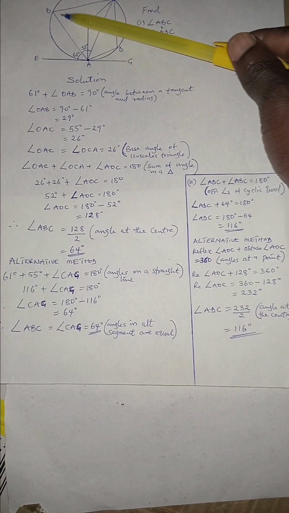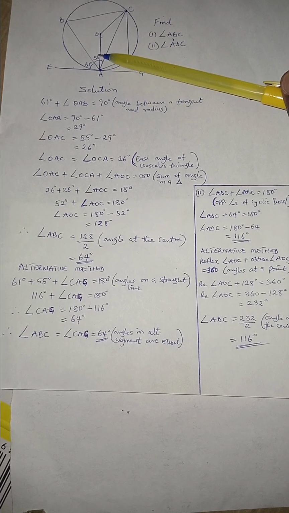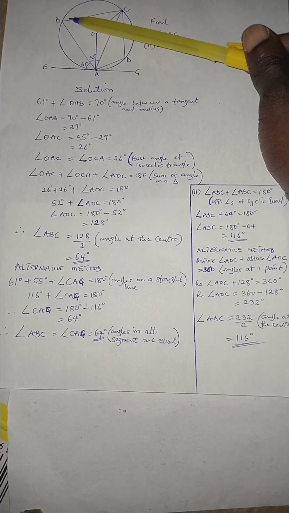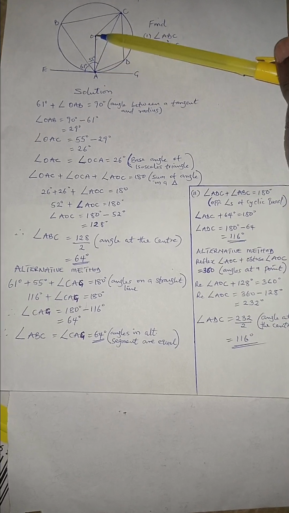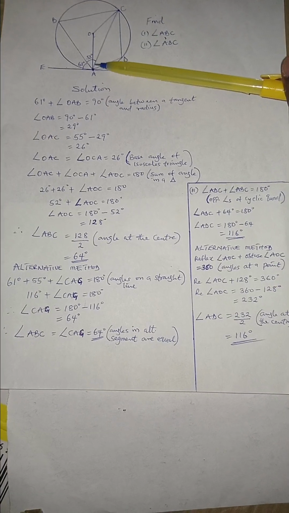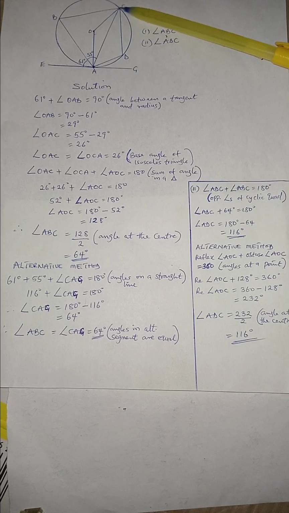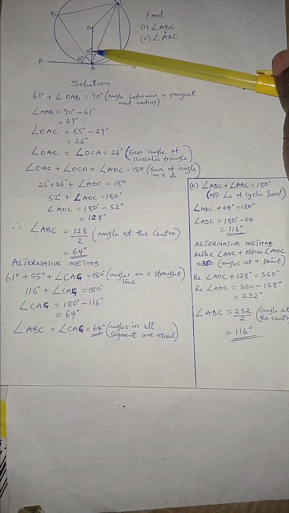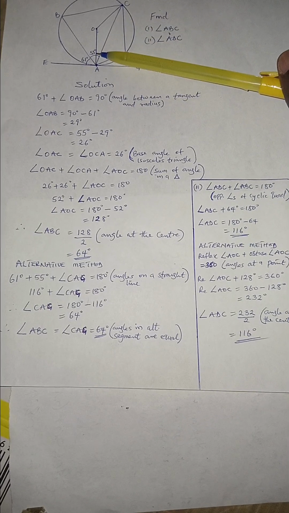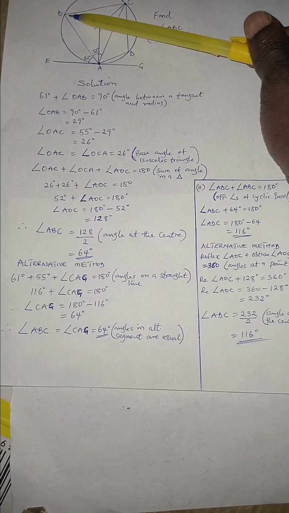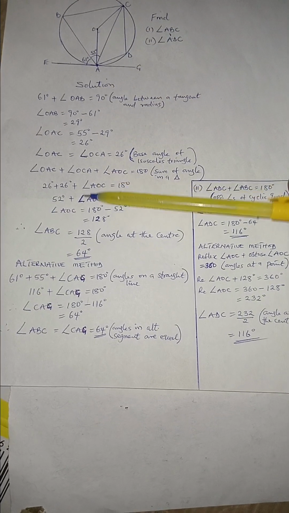In angle BAC, we have two angles: angle BAO, this angle, and angle OAC. We can easily find angle OAC, having known angle BAO, which we found.